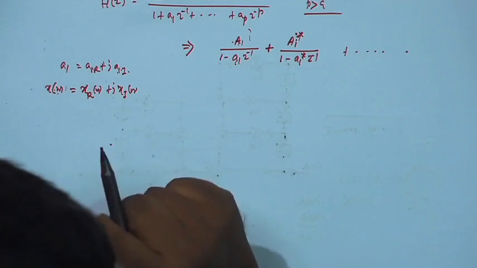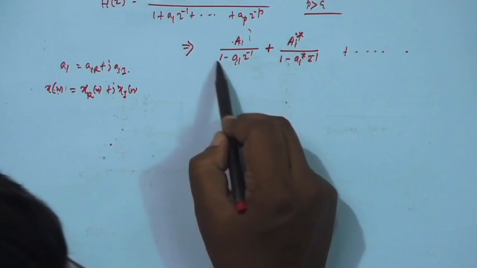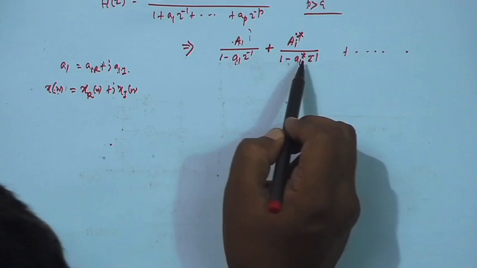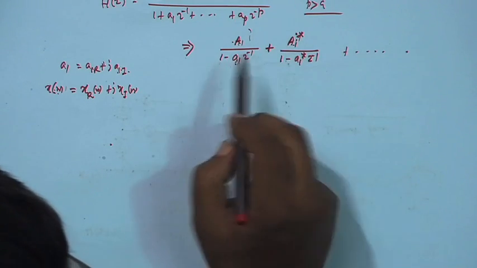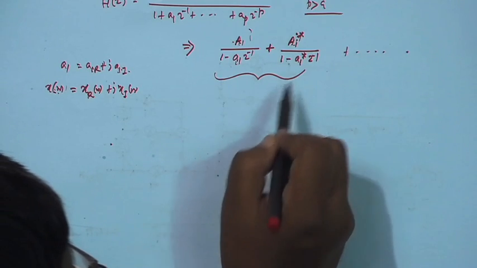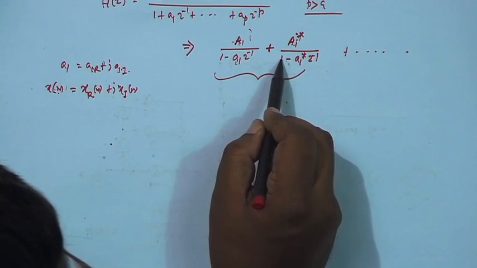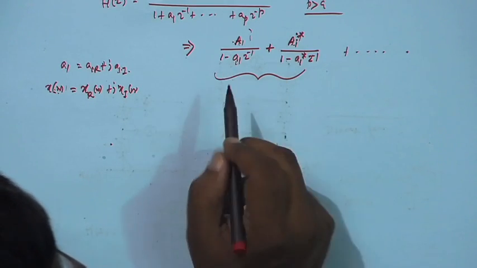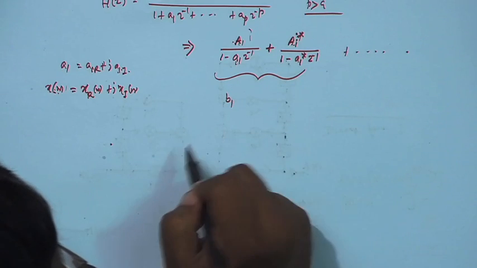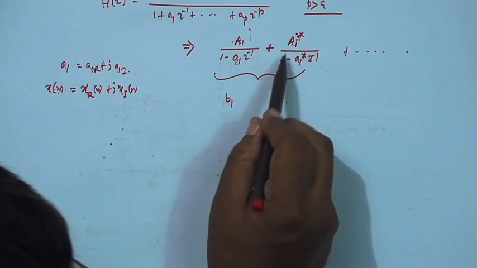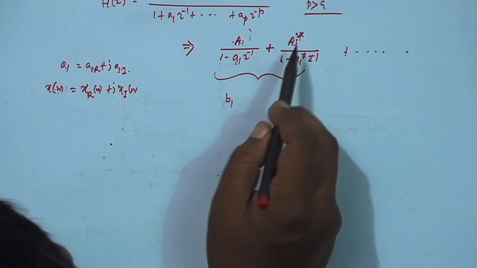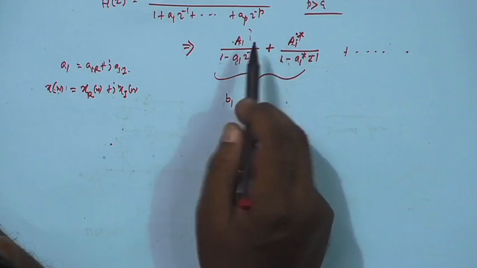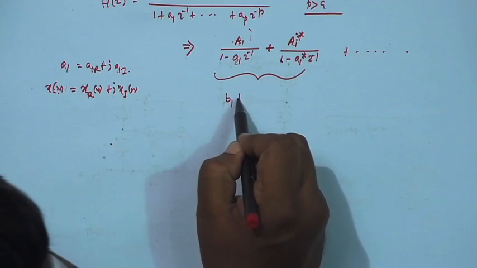And multipliers are costly. You can avoid that by just using the fact that if there is a root at a 1, there is a root at a 1 star, and these two coefficients are also conjugate of each other. So, if you add them, this part will give rise to A 1 plus A 1 star, something real. So, maybe B 1. Okay, capital A 1 plus capital A 1 star, that is a real quantity, a complex number and its conjugate if you add, you get a real number, call it B 1.